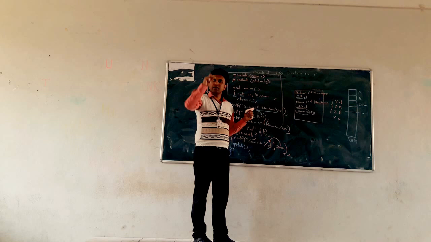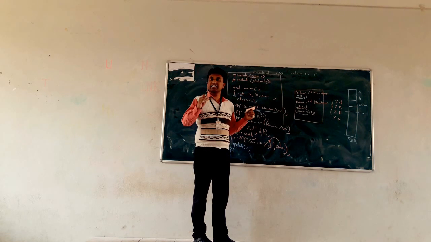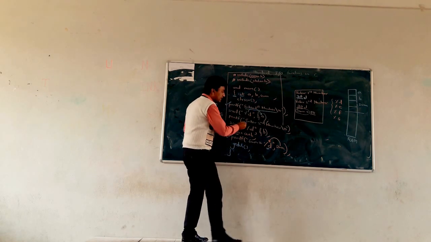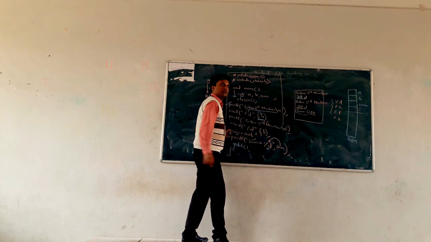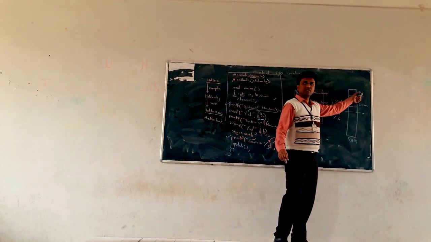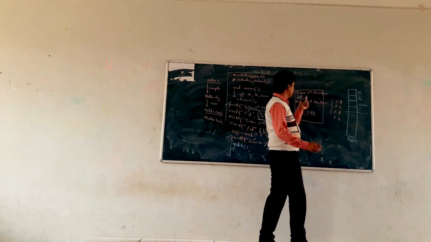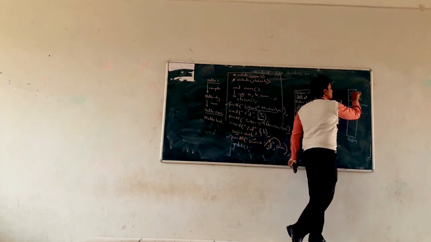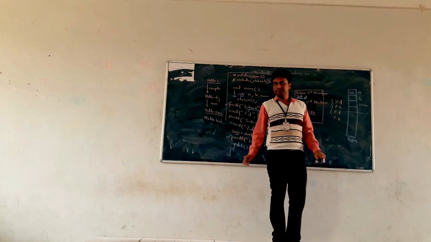Understood? If you press enter, that data moves to the address of a. So where is a? The a variable is stored on the RAM. So the value 20 is stored in the address of a.